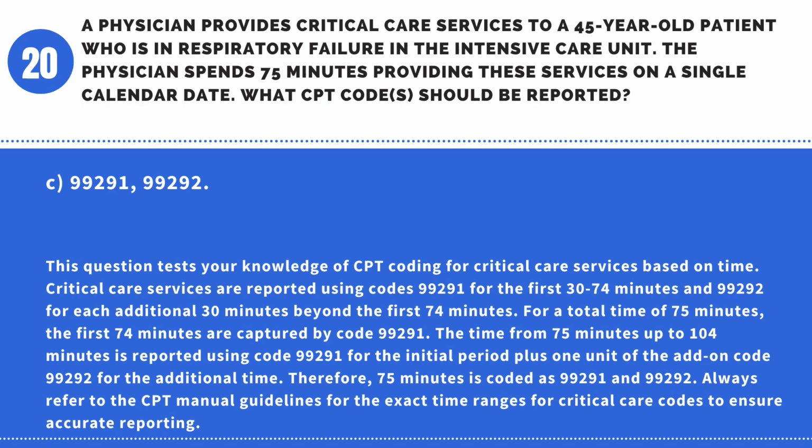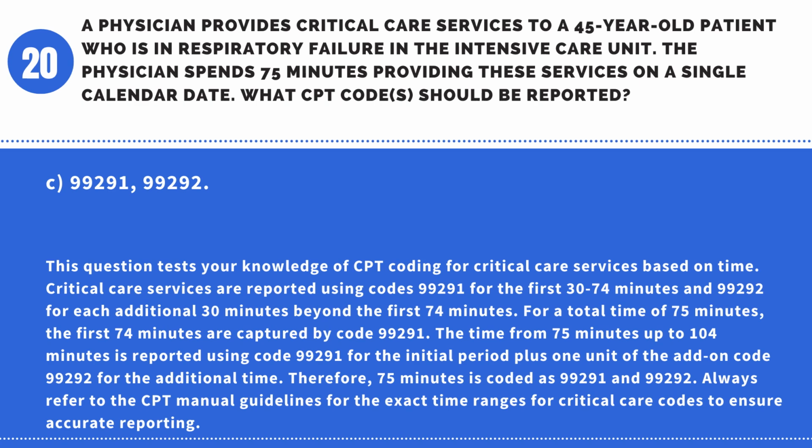Additional time is reported with 99292 for each additional 30 minutes. 75 minutes is within the 30 to 74 minute range for 99291. Let's reevaluate based on standard CPT time rules for these codes. CPT guidelines for 99291 state it is for the first 30 to 74 minutes.